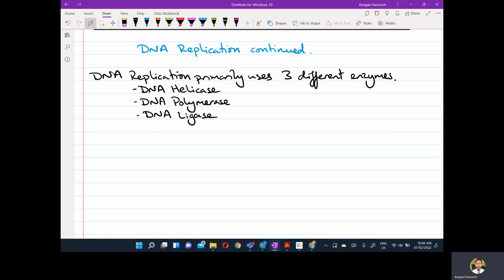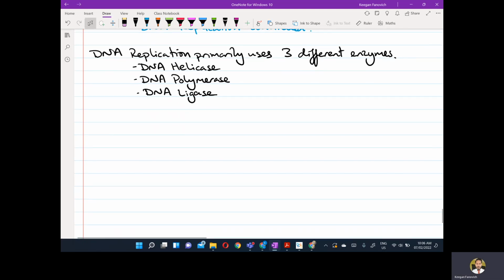So there are more specific names for these enzymes, but these are generally speaking the ones that we'll be referring to. So like in your syllabus, for example, the use of polymerase 1 and 3 is clumped together as just DNA polymerase. Okay, so it's like that.